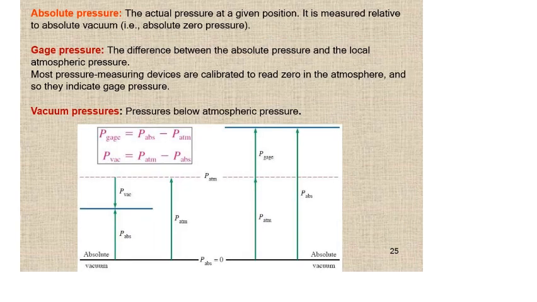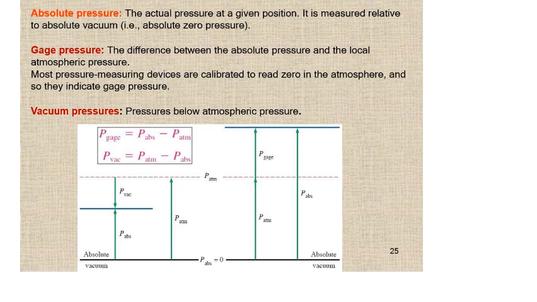First is atmospheric pressure, the pressure exerted by the atmosphere, while absolute pressure is the actual pressure at a given position. What is gauge pressure? It is the difference between absolute pressure and atmospheric pressure, while vacuum pressure is the pressure below atmospheric pressure.